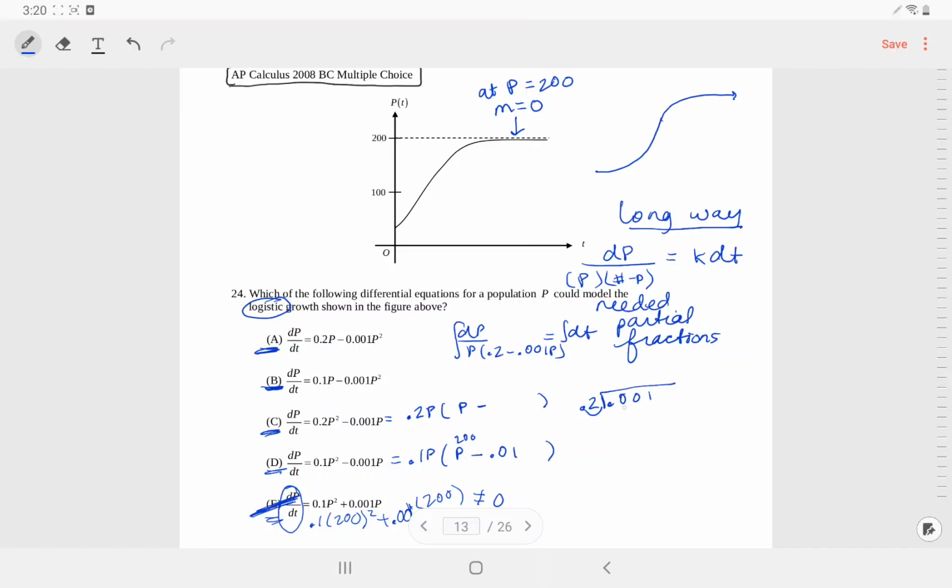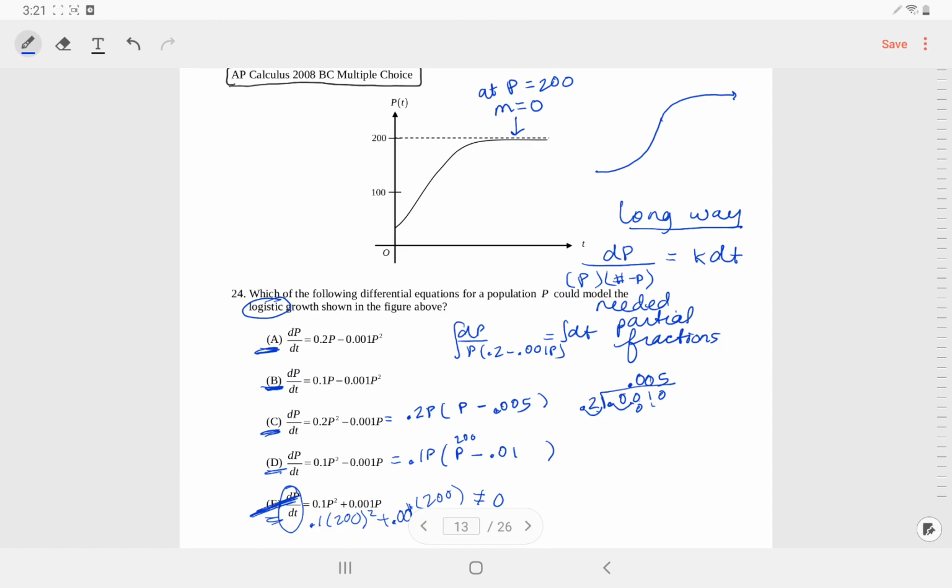Move over 1 decimal, move over 1 decimal. That's 0.005. I'm thinking that just doesn't seem right. Oh, that's a 0.2, so that would be 0.005. Okay, I'm thinking that's not a good one.